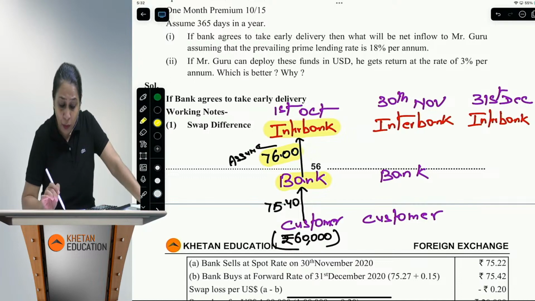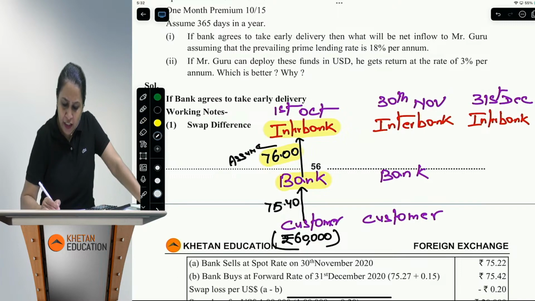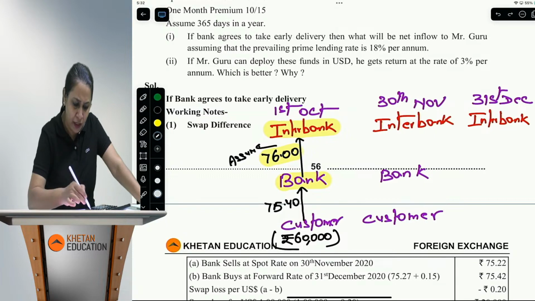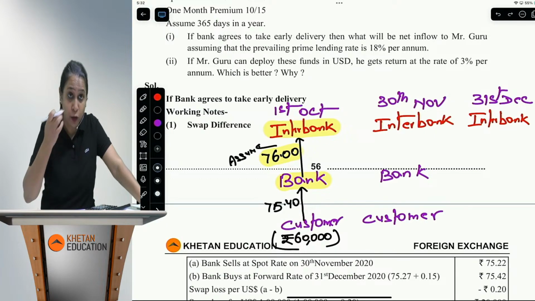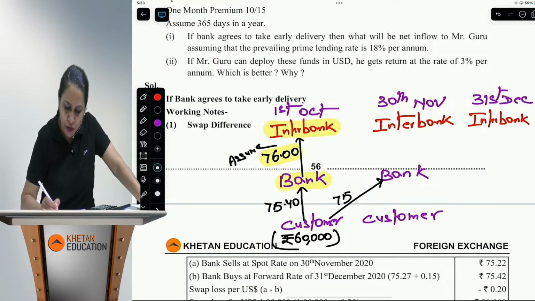But the customer came 1 month before. Customer says to the bank, please take this currency from me, I want to sell now, 1 month before. So what will the bank do? The bank will have to honor it, because it is in the business. The customer will sell to the bank at the same promised rate, 75.40.